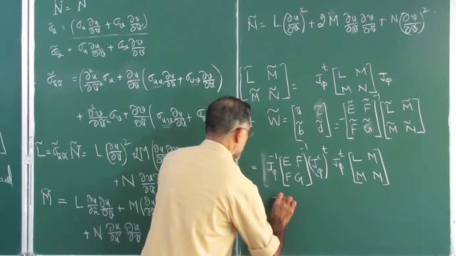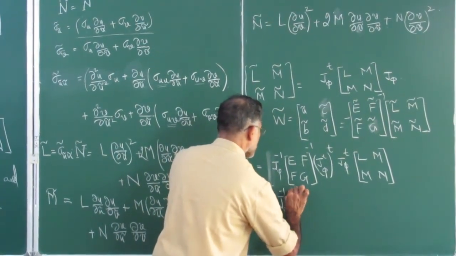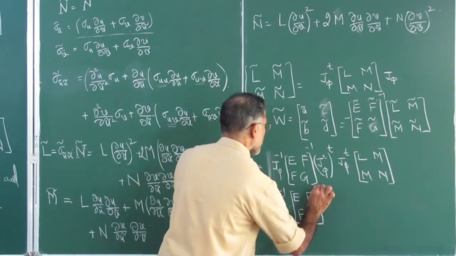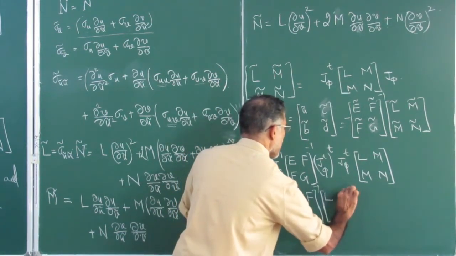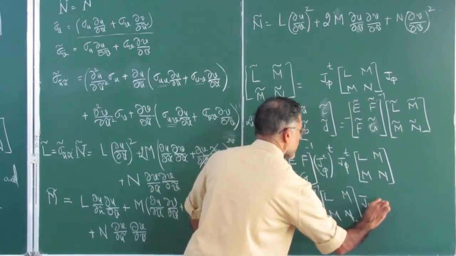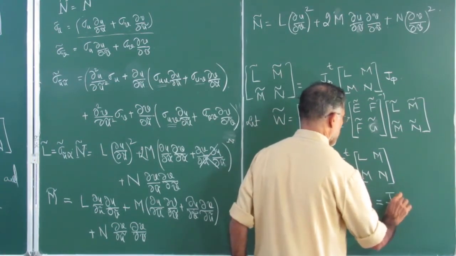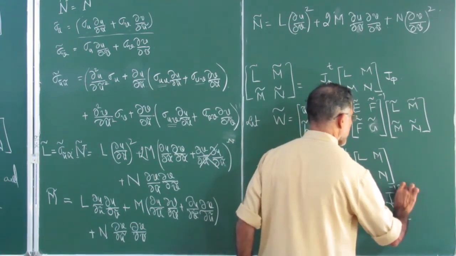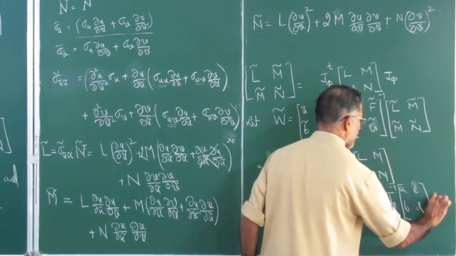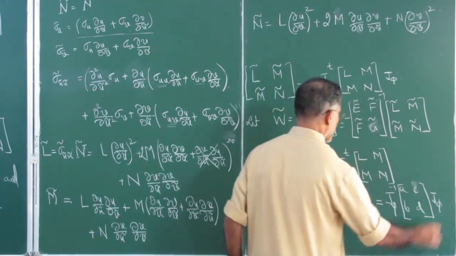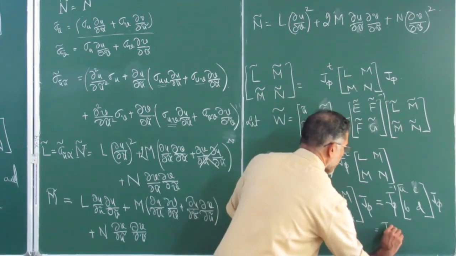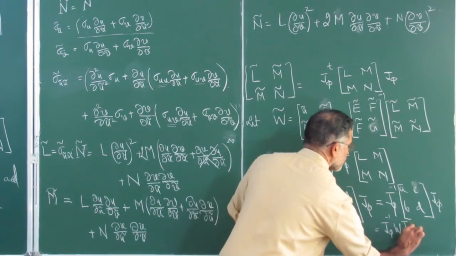So you will have Jacobian of phi inverse, EFFG inverse, LMMN, Jacobian of phi, and that is equal to Jacobian of phi inverse, B, C, D, Jacobian of phi. That's rewritten as Jacobian of phi inverse W Jacobian of phi.